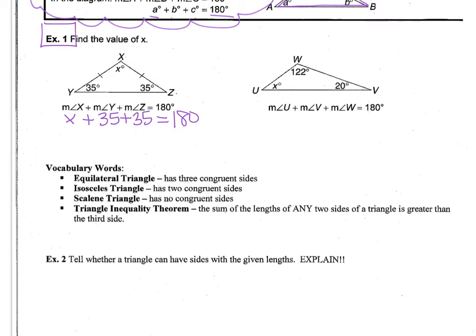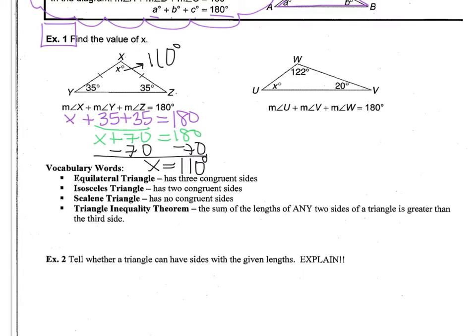What I've made here is an equation, and we spent a lot of time this year practicing our equations, so I know that I need to clean up the left side of my equation, so it says X plus 70 equals 180. Now I solve my one-step equation. My inverse is to subtract 70 from both sides of my equation, X equaling 110 degrees. So that's our answer. This angle here at the top is 110 degrees.